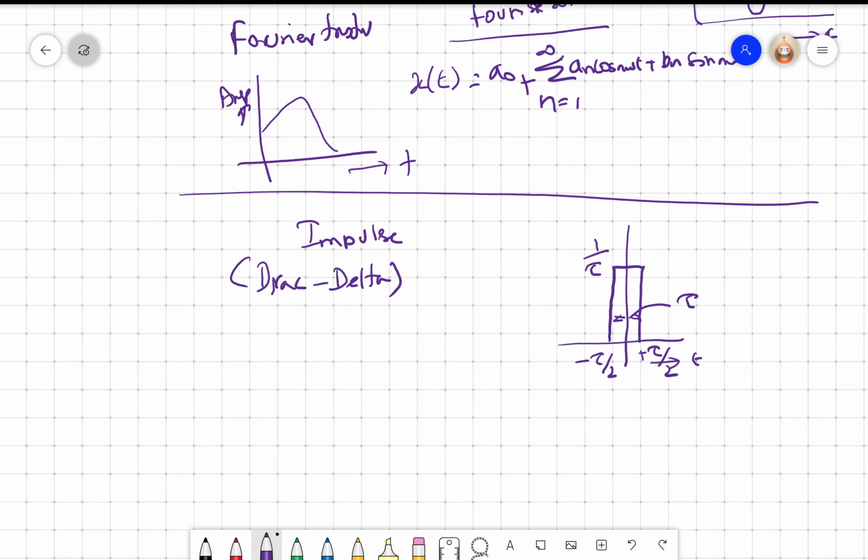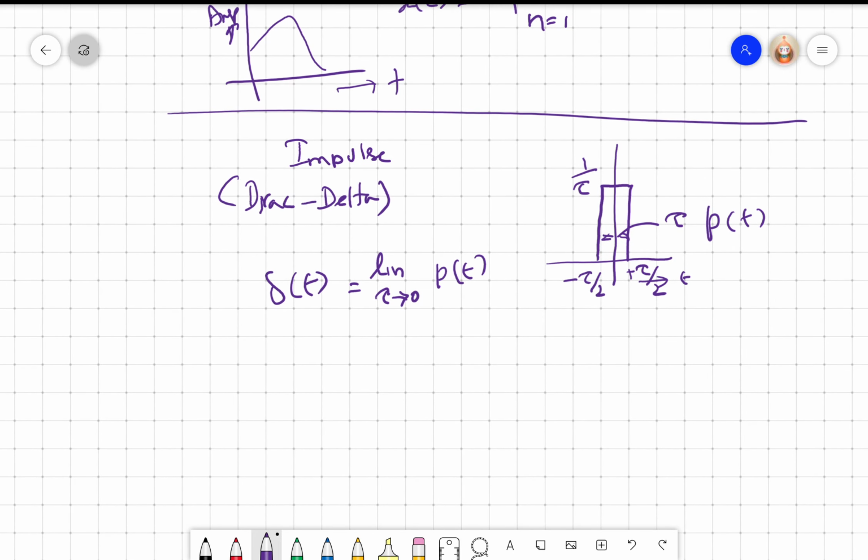Now if I put a limit on tau, let me call this pulse p of t, that would give me the impulse del of t. So what happens when tau reaches 0?